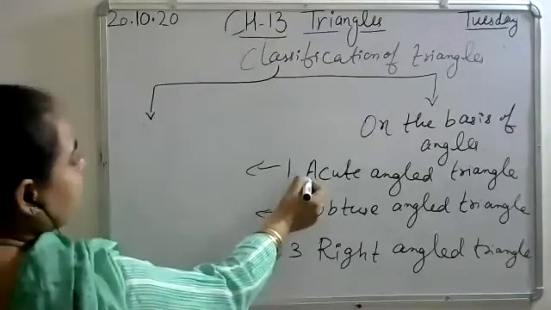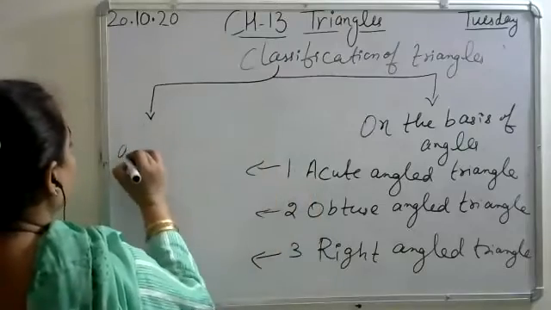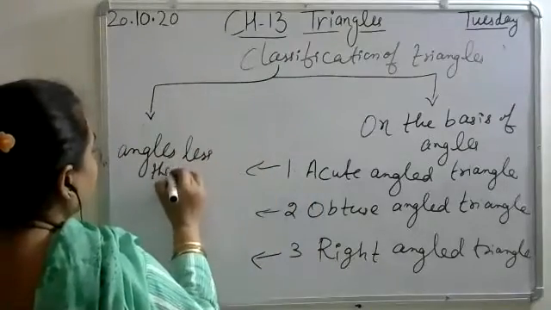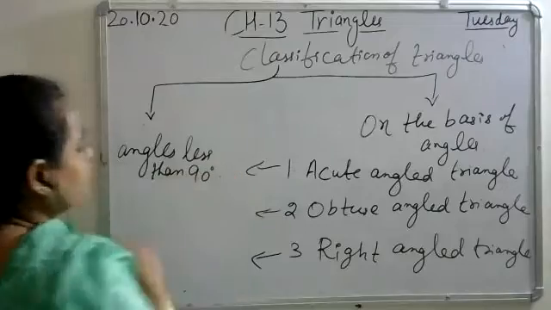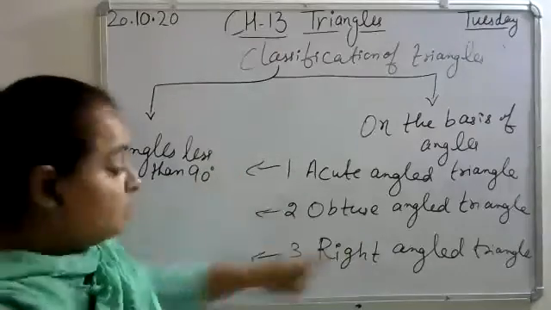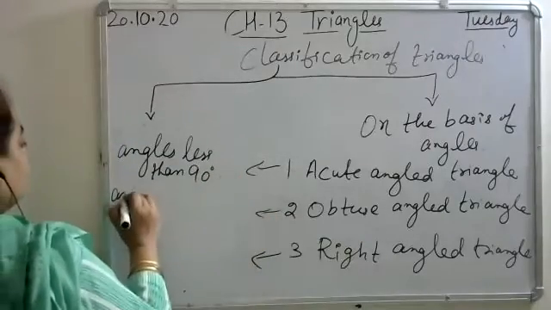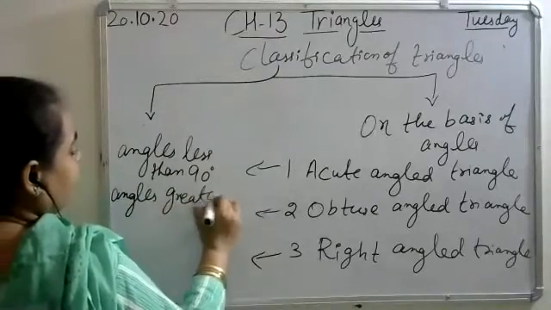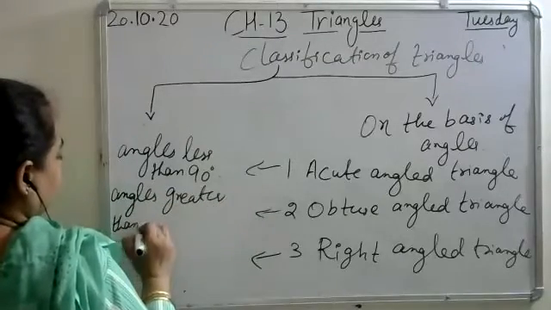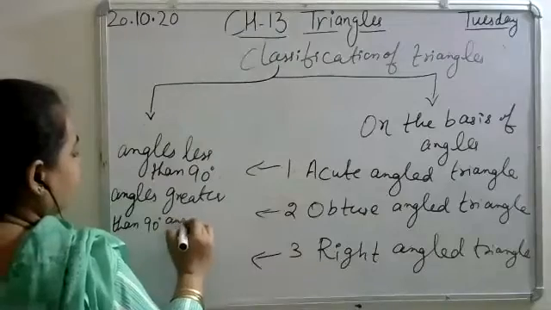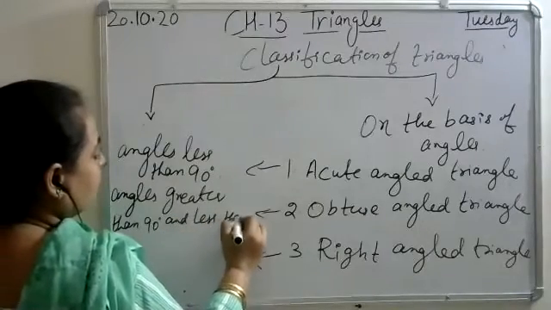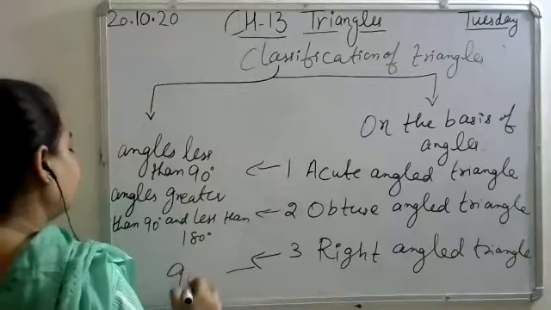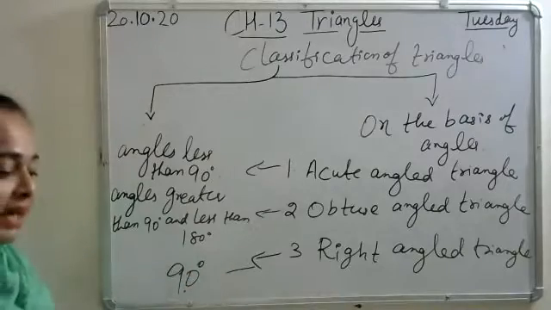Yes, angles less than 90 degree. Obtuse angles greater than 90 and less than 180. And right means 90 degree. That I have already explained.